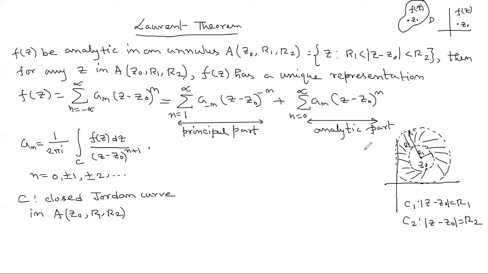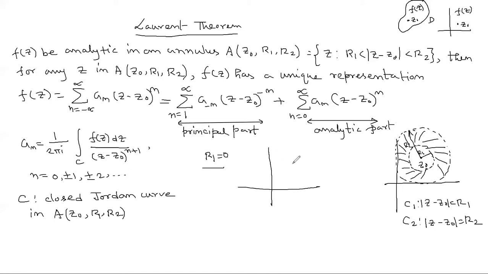Now this is a typical annulus region. Every time we will not get this kind of figure. If I take r1 equal to 0, this means a circle with center z0 and radius 0, that means it is a point. So we are getting a punctured disk.